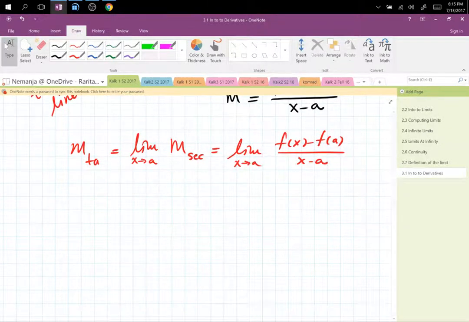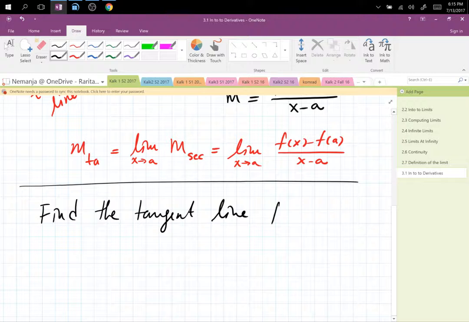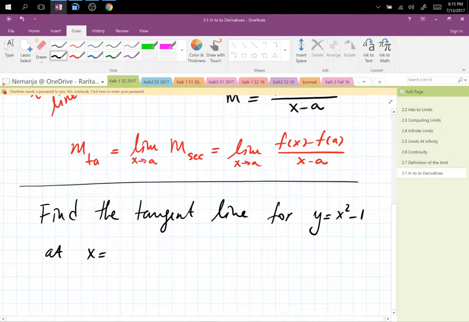So say that we want to find the tangent line for y equals x squared minus 1 at x equals 3.